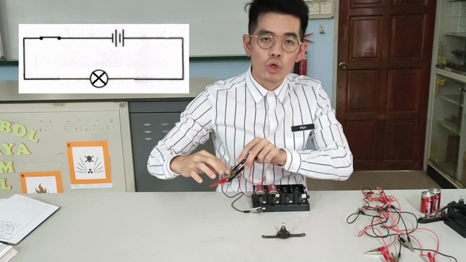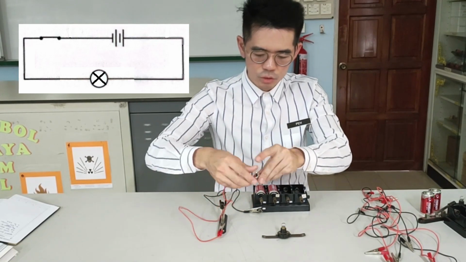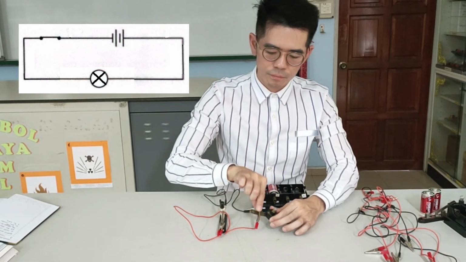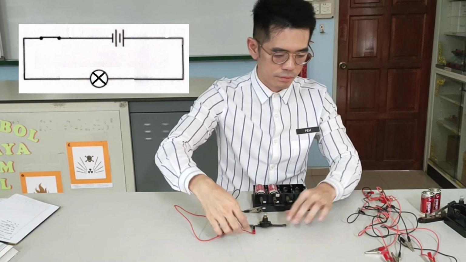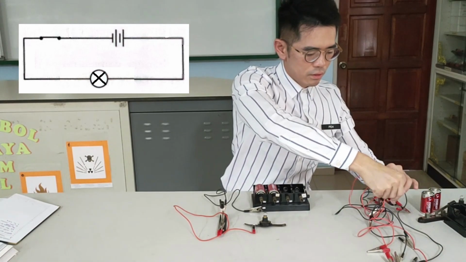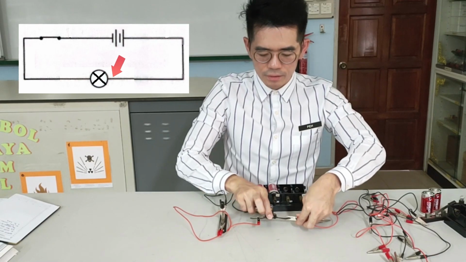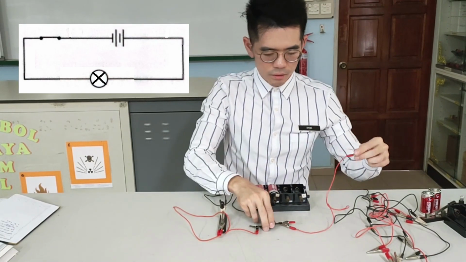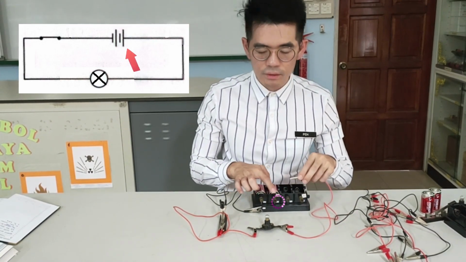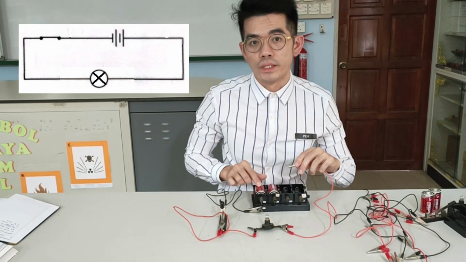Make sure the crocodile clip connects to the metal parts of the switch, and then straight away connect to the side of the bulb holder. Then connect the other side. The positive terminal will be the second button from the right here, because we're using 2 dry cells connected in series.